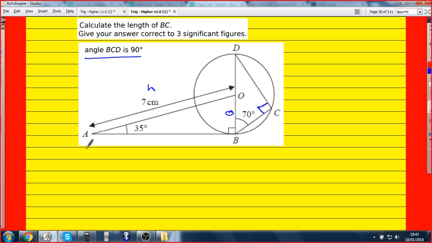Then you want to find the O, so you do sine 35 by O over 7. So then you times by 7. So then it's just 7 sine 35.